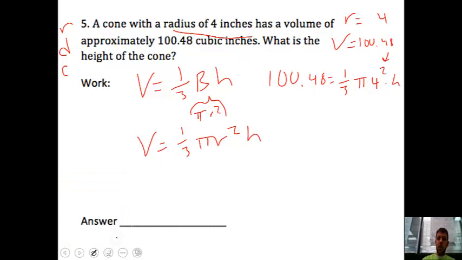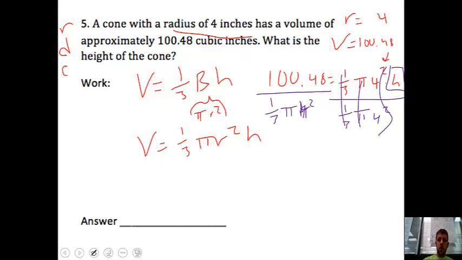Alright, we need to isolate the h to be by himself, so we divide by 1/3 pi r squared. Oops, 4 squared. We need to put this in parentheses, and if you want, you can square the 4 and get 16.